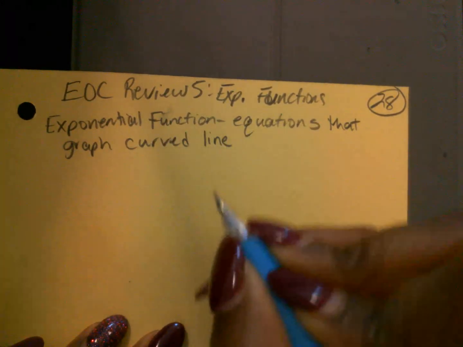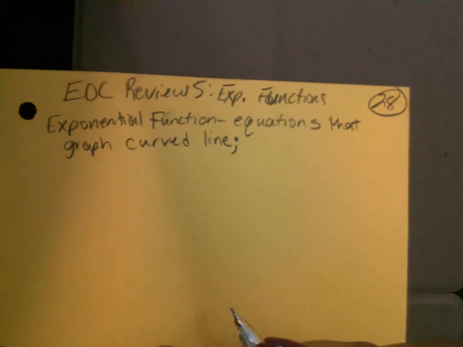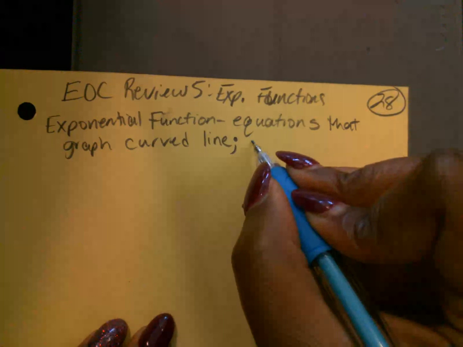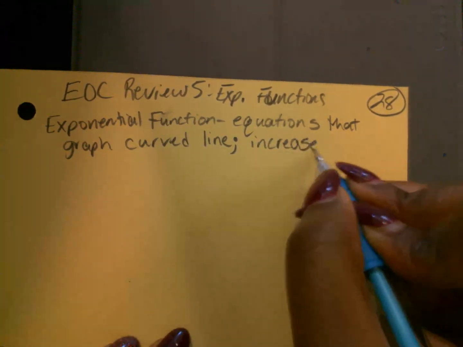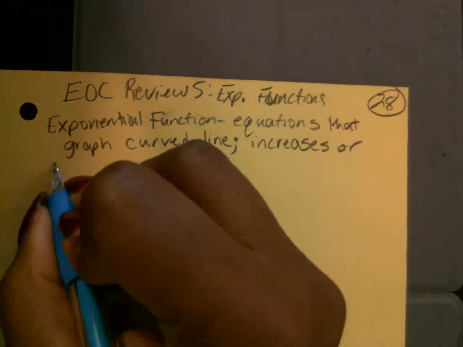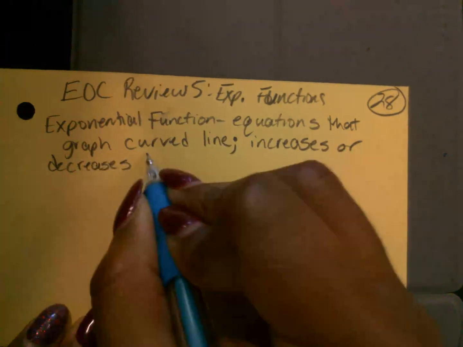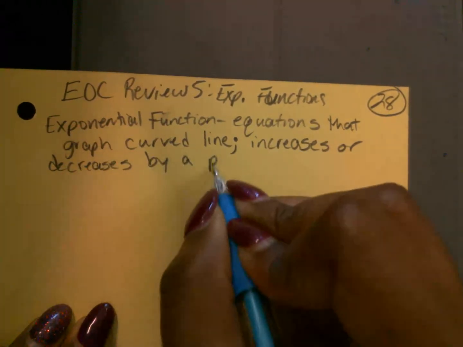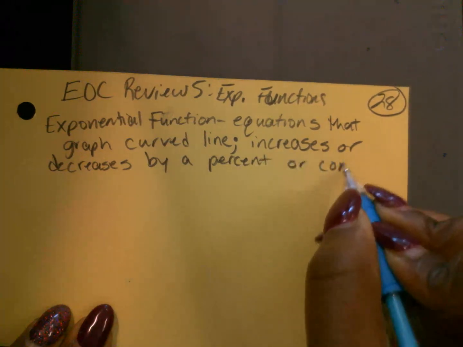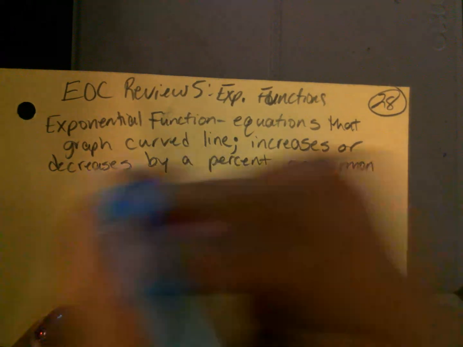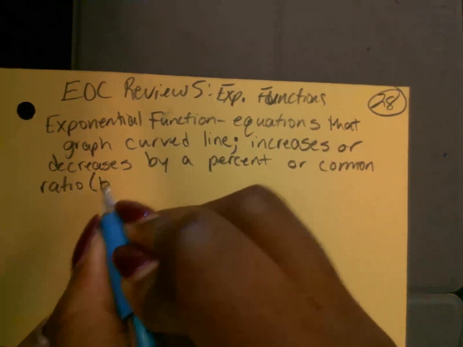It's either going to be a curve going up or a curve going down; because it increases or decreases by a percent or common ratio. And remember, the letter for common ratio is B.